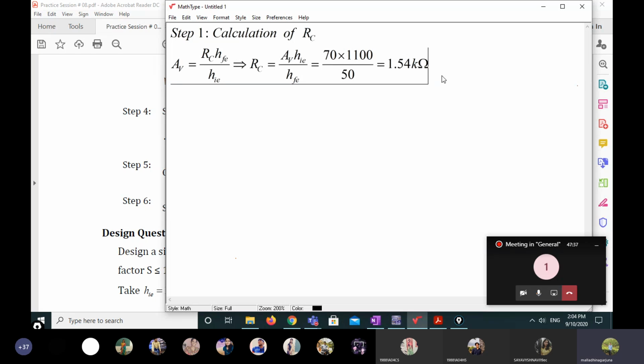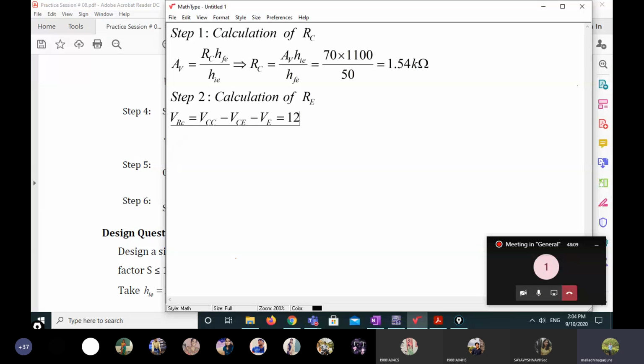Next, step 2: calculation of RE. How to calculate RE? We have VRC equal to VCC minus VCE minus VE.